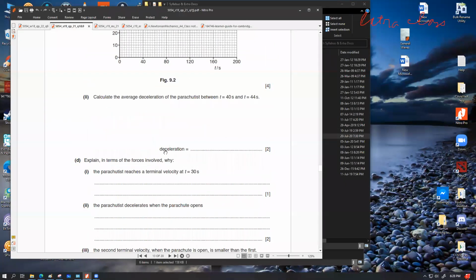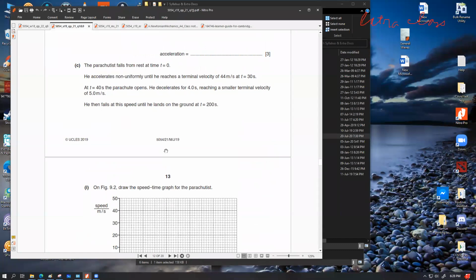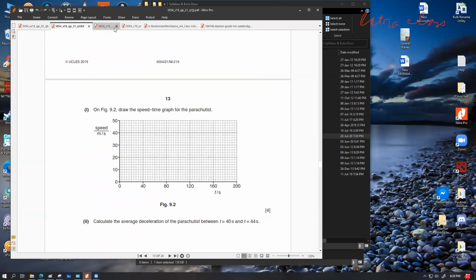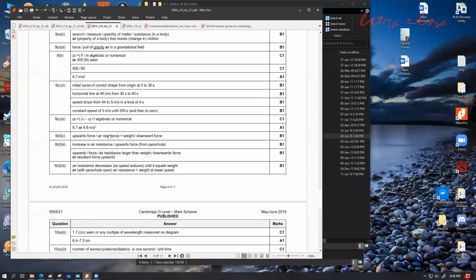This was which number? We will definitely look at the marking. This was variant 21, question 9, S19, part D3. Air resistance decreases as speed reduces until it equals weight. Or with parachute open, air resistance equals weight at lower speed. Okay, I'm going to score this mark anyway because I incorporated everything.